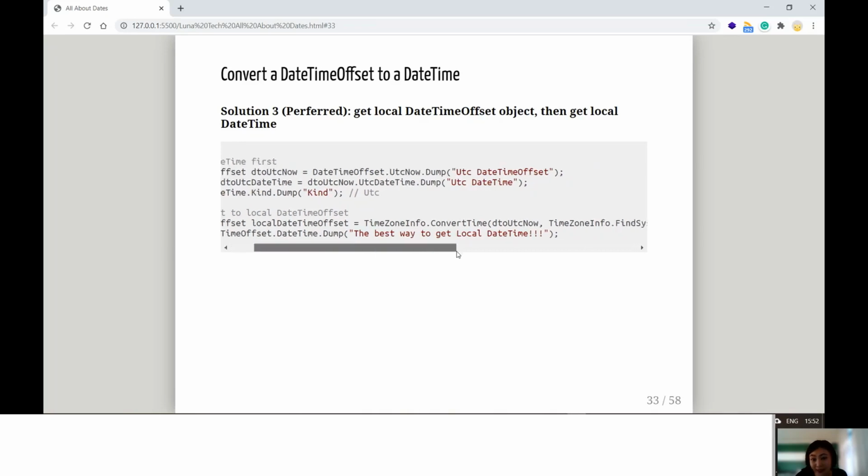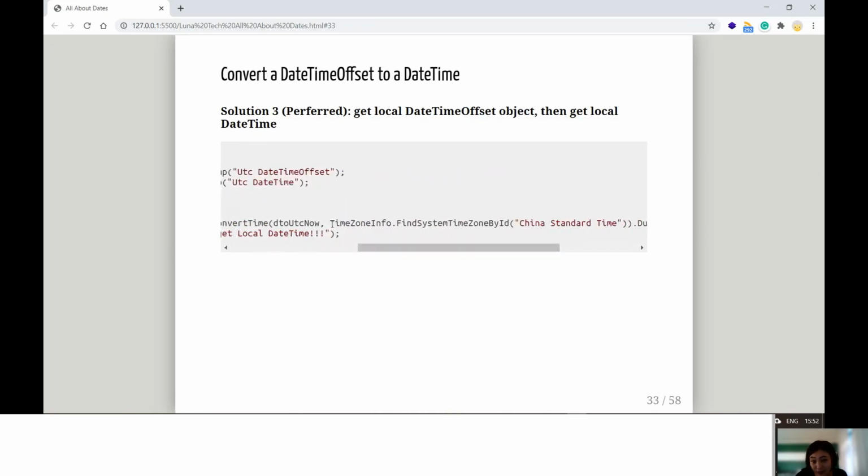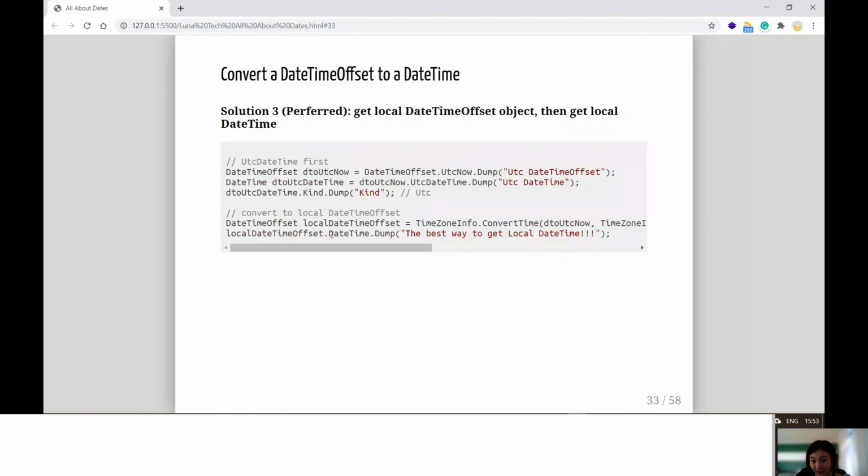That's why I created that. Then I can use this method that I already discussed to give it a correct time zone. And if you want to get the DateTime, you just call the DateTime local method. Don't save it into another variable, just use it when you need it. That's the solution.